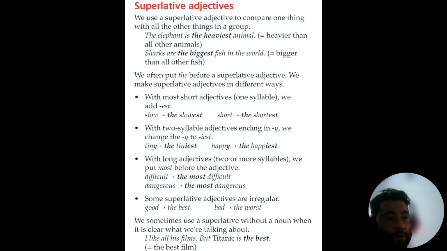Another aspect that we need to review, in this case related to comparatives, but also we're going to talk about superlatives. Remember that we use superlatives to compare one thing with all the other things in a group. One person with all the other people in a group.